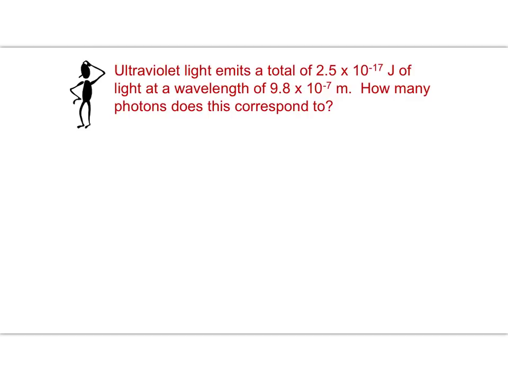Energy, wavelength, frequency calculations continued. Ultraviolet light emits a total of 2.5 times 10 to the minus 17 joules at a wavelength of 9.8 times 10 to the minus 7th meters. How many photons does this correspond to?